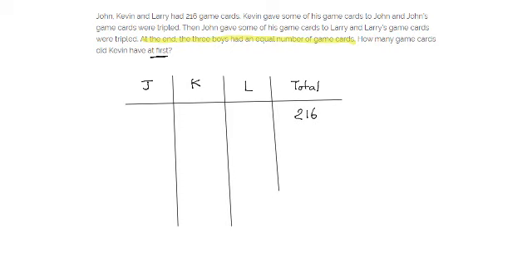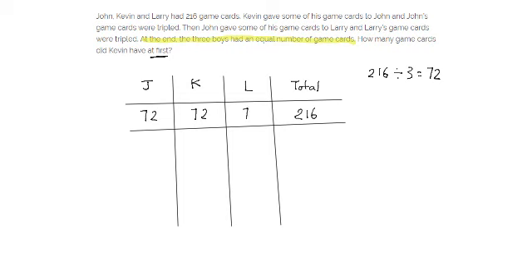Okay, once we have this table, we can start to find out how many game cards each of them have in the end. So since they have an equal number of game cards, I'll just use 216 divided by 3 to get the number of game cards each of them have. Each of them have 72.